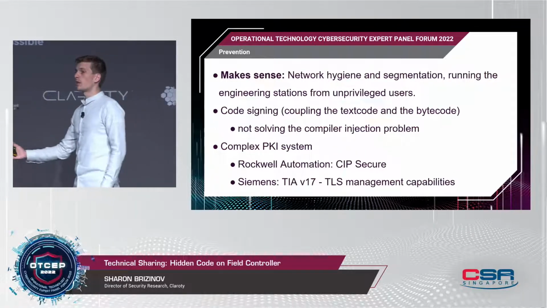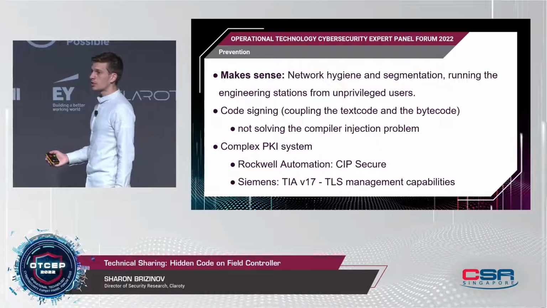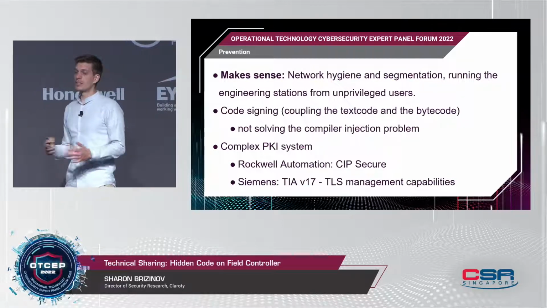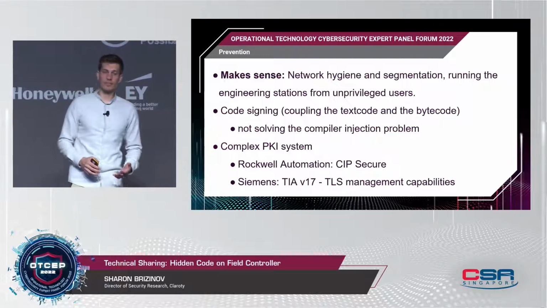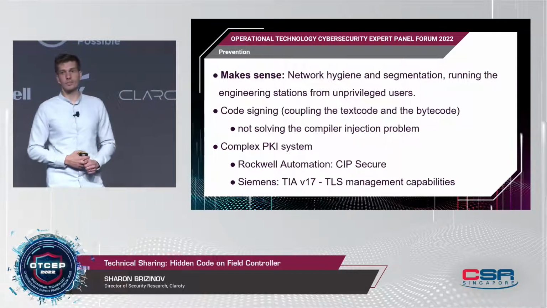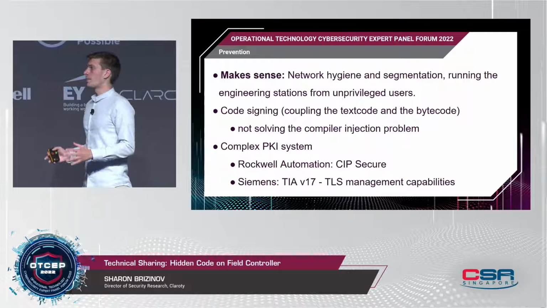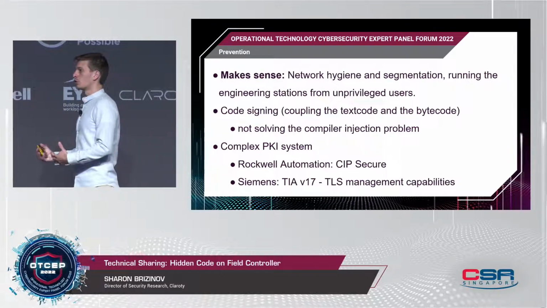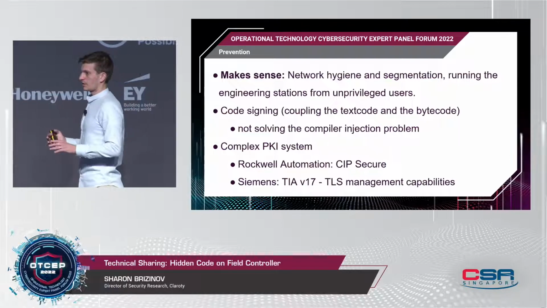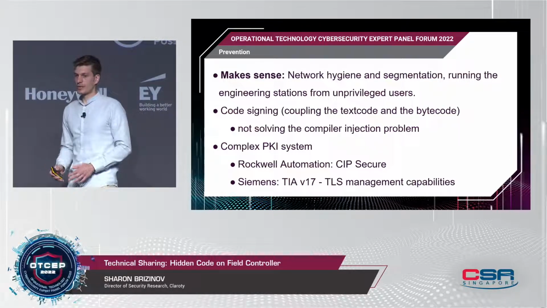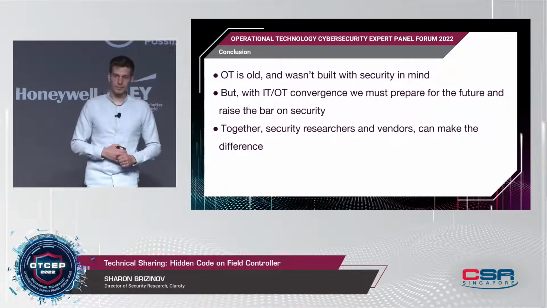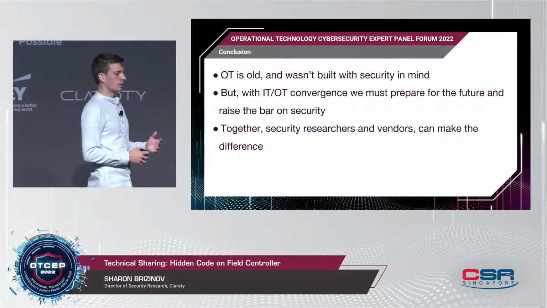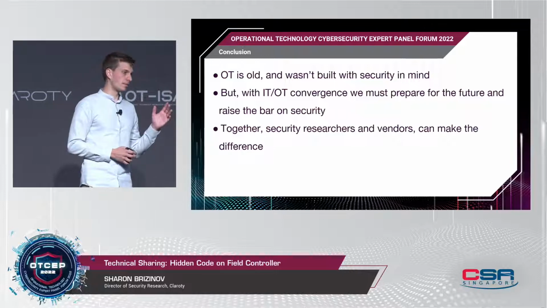For example, Rockwell is pushing SIP Secure, which is an amazing PKI system. Siemens are doing the same with their TIA V17 features. We really need to talk about the next phase in OT security in order to achieve secure systems.